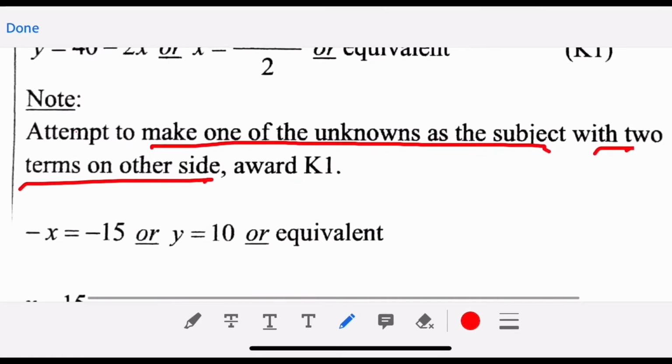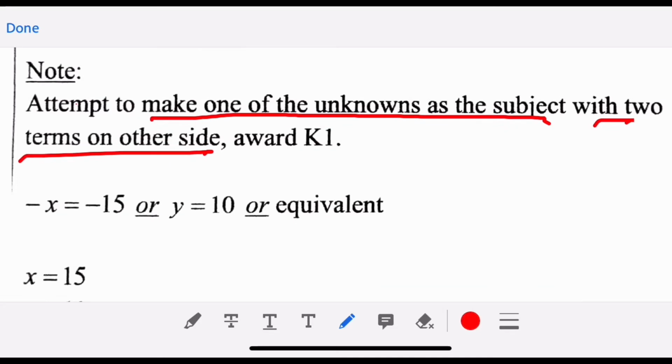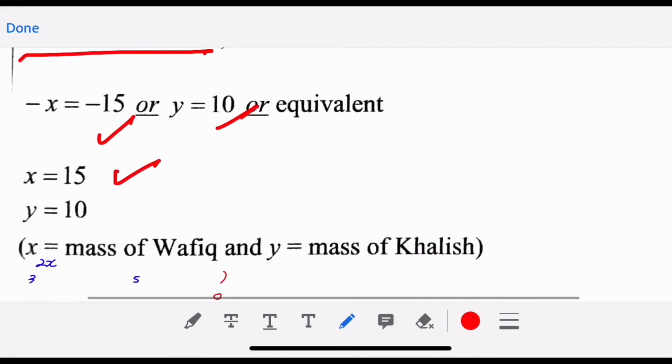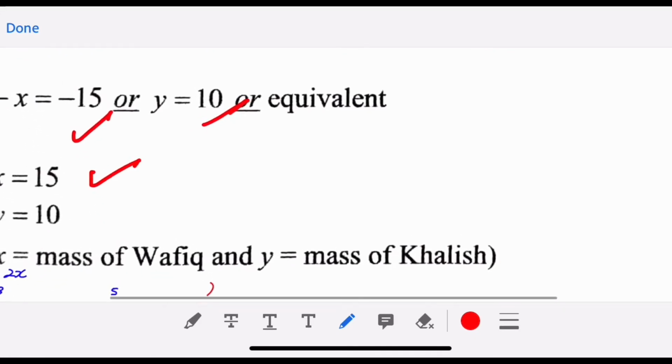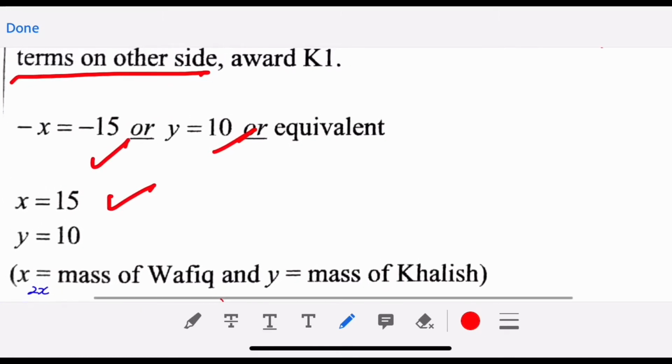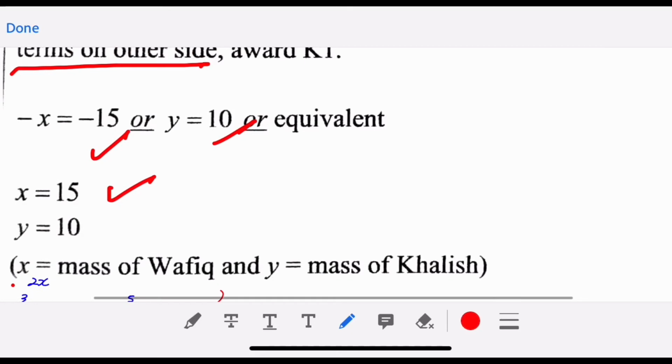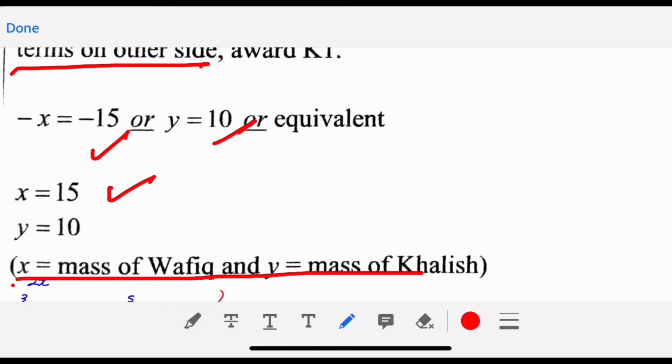So attempt to make one of the unknowns the subject with the two terms on the other side. You are given K1. Okay, so then you try to equate them and you solve your x, and don't forget to solve your y. Alright, so this is how you solve the simultaneous equation.